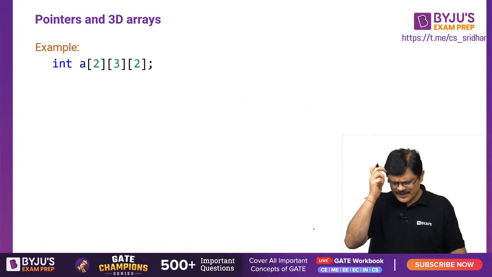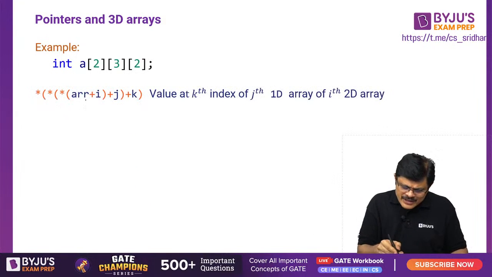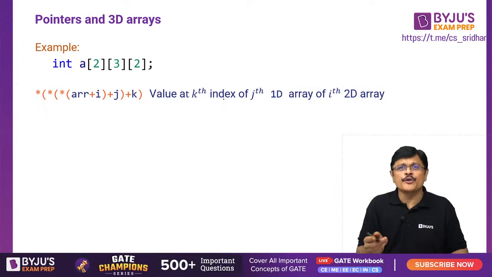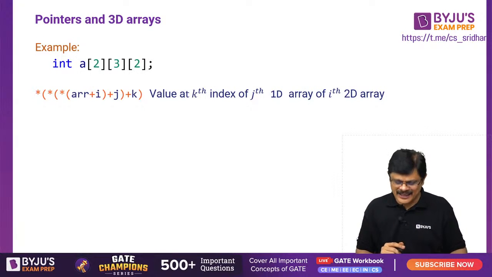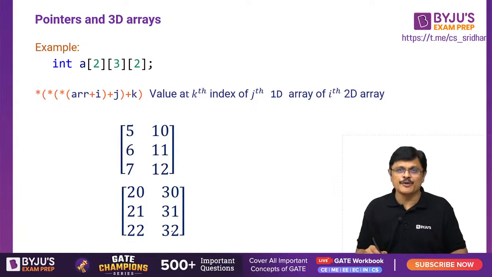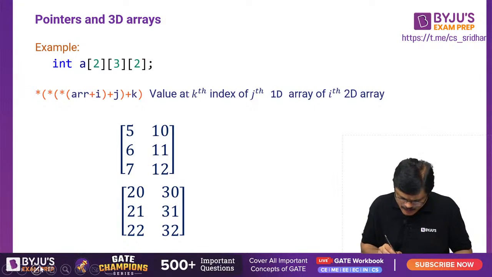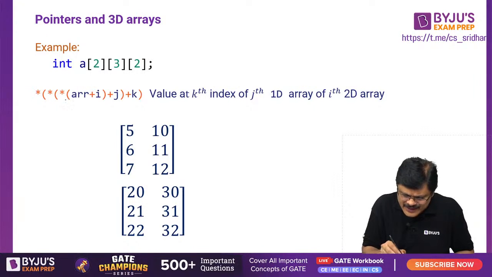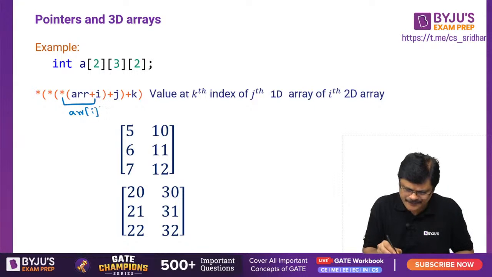I'll stop it here. This particular fellow, whole star, if you do it, you are going to get the value at that particular index, my dear friends. Okay, I'll conclude with this small statement so that you will get it. See, this is your ARR i.